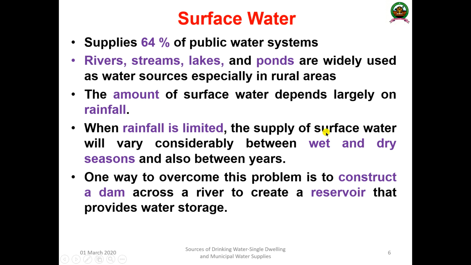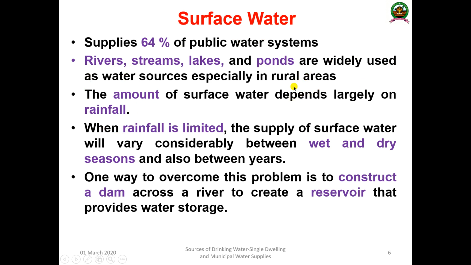First, we are going to discuss surface water. The surface water generally supplies 64% of the public water for use, which includes rivers, streams, lakes and ponds, which are widely used as water sources, especially in rural areas.